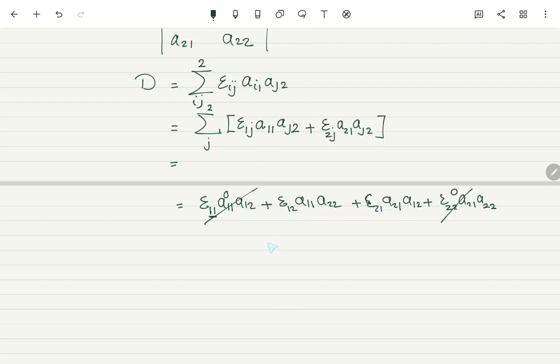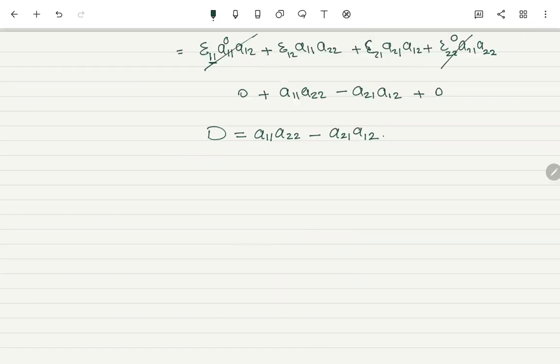So you will get 0 plus a11 a22, minus a21 a12, plus 0. So the determinant after all will be equal to a11 a22 minus a21 a12.